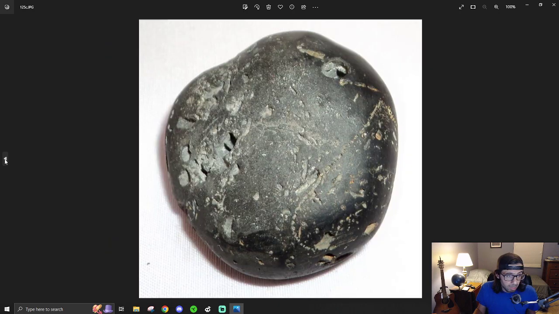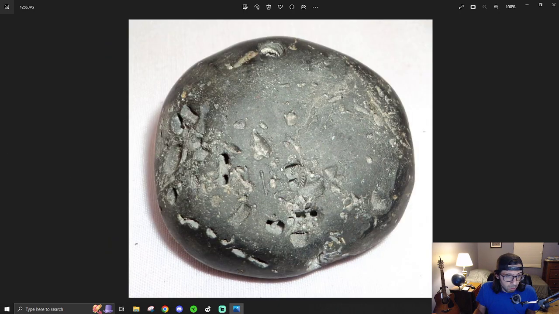Something of that nature maybe is more so what's going on here, although that still kind of doesn't make sense for these angles here.